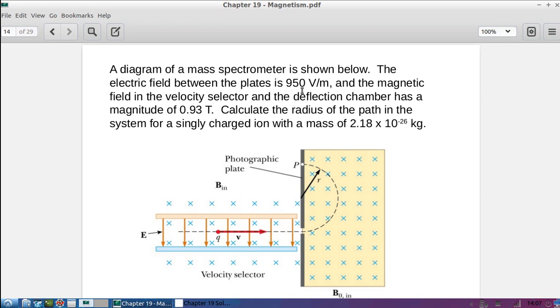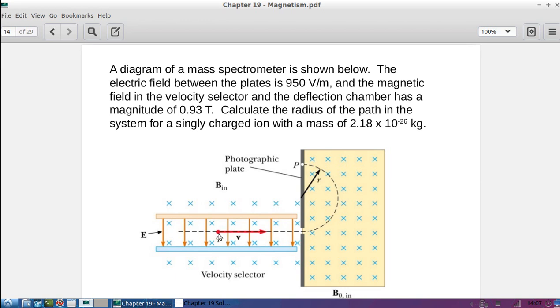And throughout this whole system, there's a magnetic field that's going into the page, and that is 0.93 tesla. We're looking for the radius of this circular path.